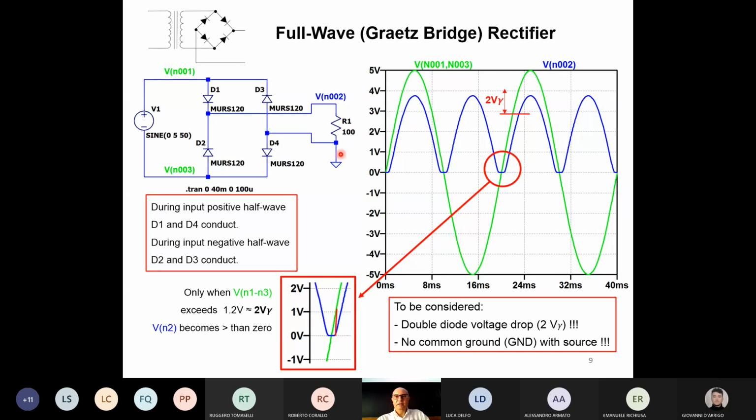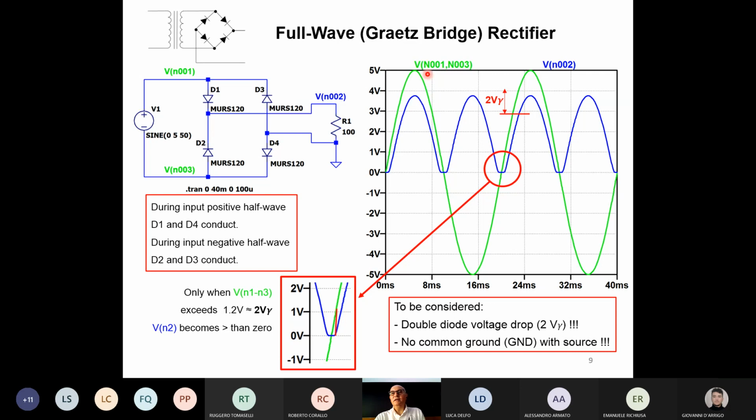What happens in this case? How does the circuit work? Well, let's start with a positive output voltage. So we have plus on top and minus on the bottom of the sinusoidal generator. This is our first case. I have to tell you something before. If you see here the green line, this green line represents the voltage across the sinusoidal generator.